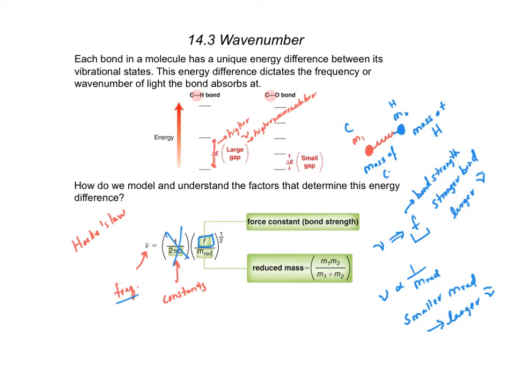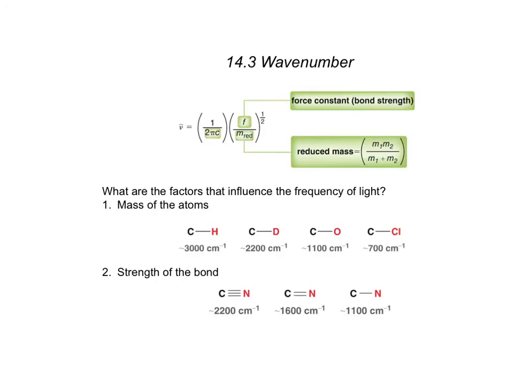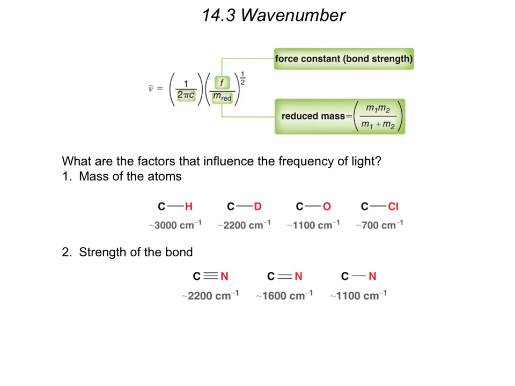Okay, so now, how does that translate, right? How do these various factors, the bond strength as well as the mass of the two atoms on either side of the bond, actually affect the overall frequencies at which we see absorbance? So first one we'll talk about is the mass of the atoms.